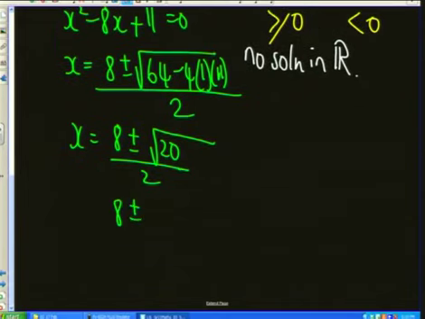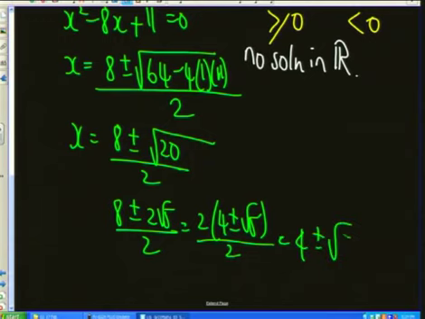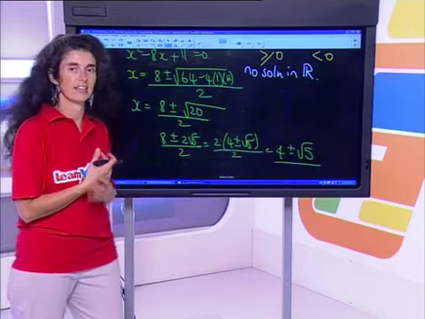So that's 4 times 5, so it's 2 root 5 divided by 2, which is 4 plus or minus root 5 divided by 2, which is just 4 plus or minus root 5. Notice they asked for simplified surd form, so we're not using the calculator. But if you needed to, you could very easily use a calculator.